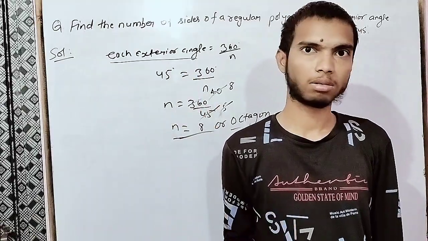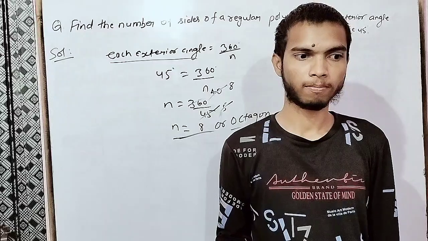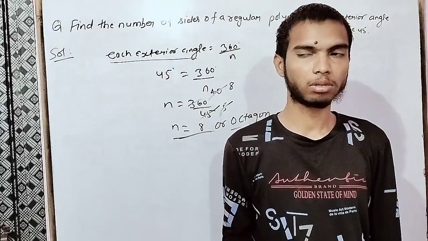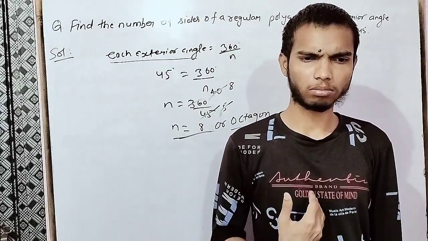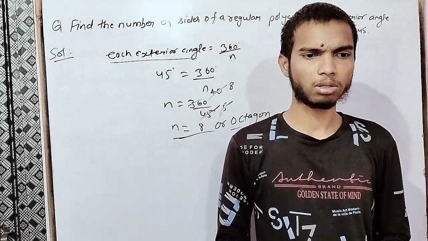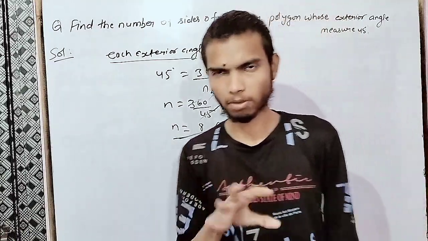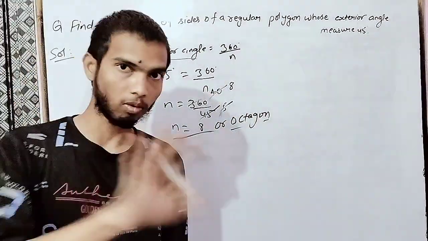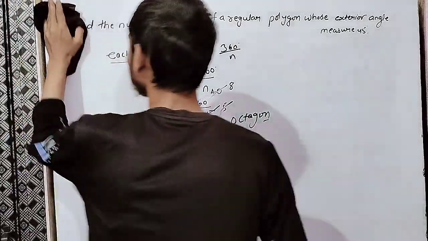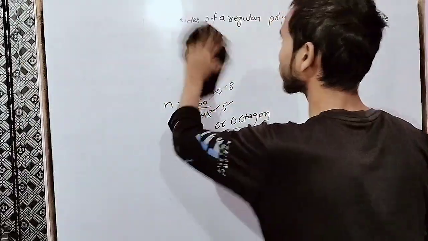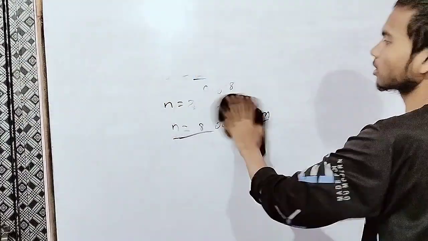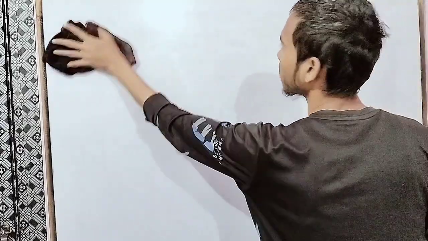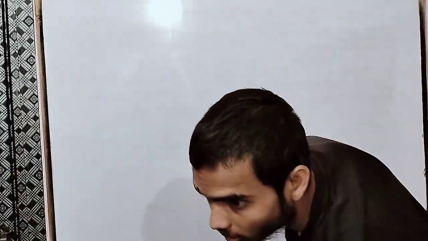What else? 2 diagonals, and a quadrilateral has more things, which we will observe. Don't worry. Now we can take the next question based on quadrilateral. Let me write the question.